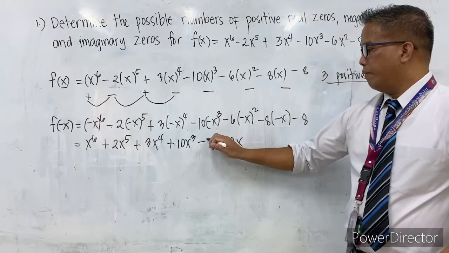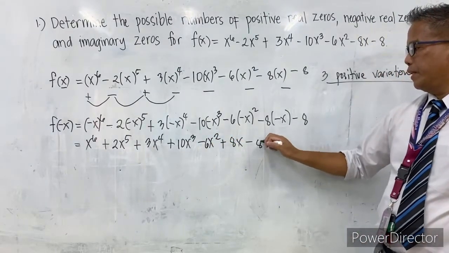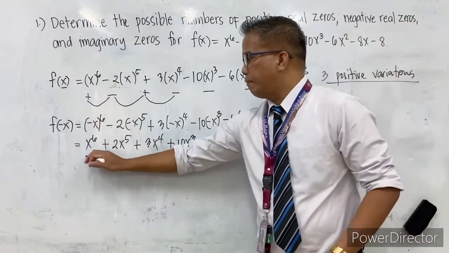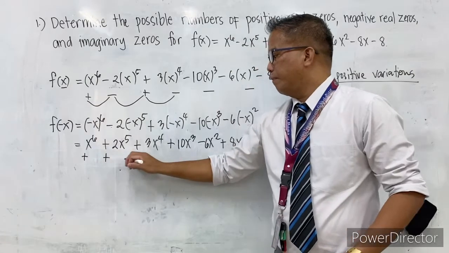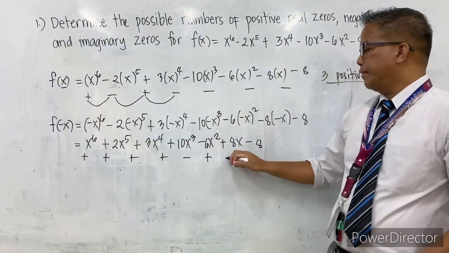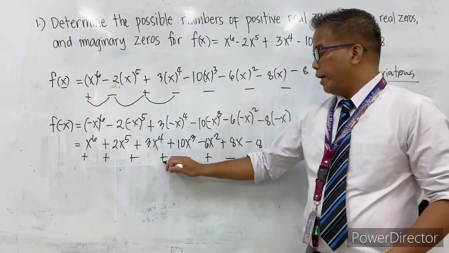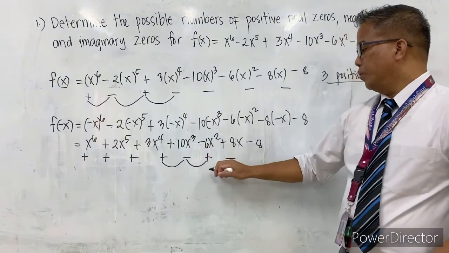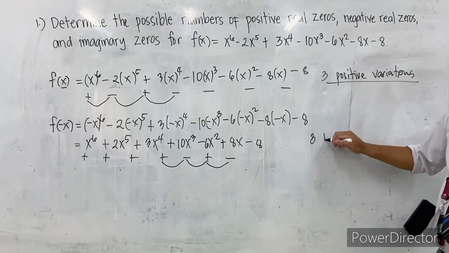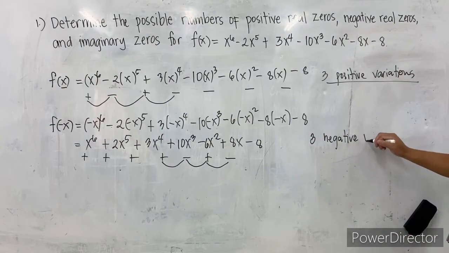And then we have minus 8. Now we look at the signs. We have positive, positive, positive, positive, negative, positive, and negative. Let's count the variations. We have 1, 2, 3. Therefore we have 3 negative variations.